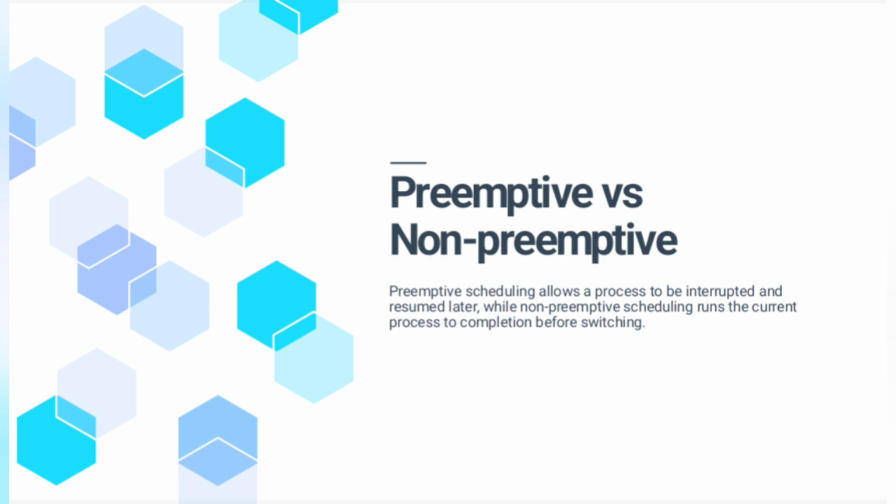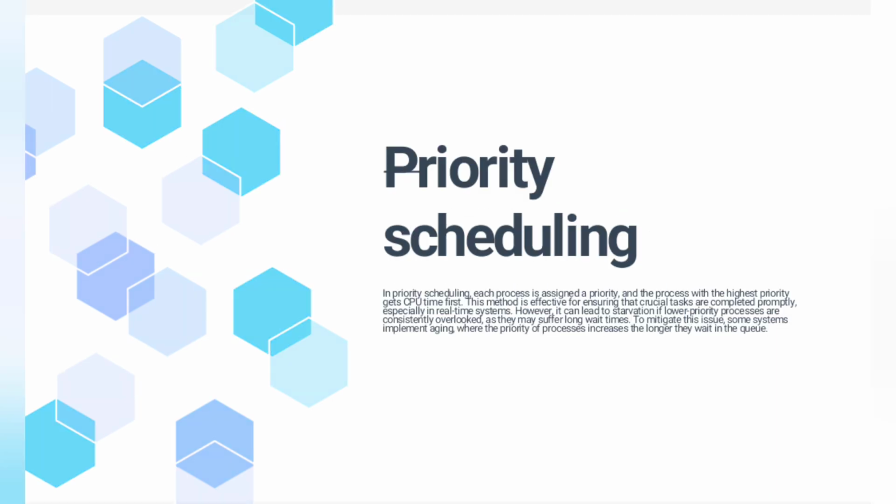It means preemptive is interrupted and resumed later, while non-preemptive is the current process running to completion before switching.